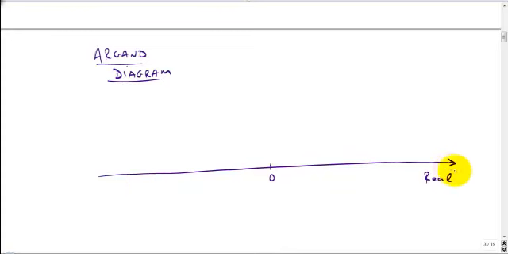Then the y-axis is an axis for the imaginary numbers, and you can graduate it here in a similar way.